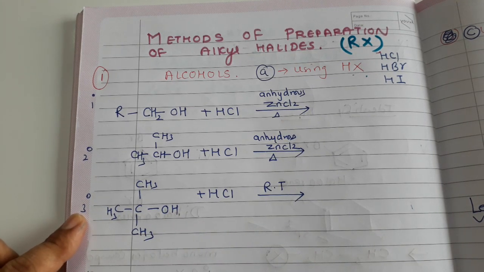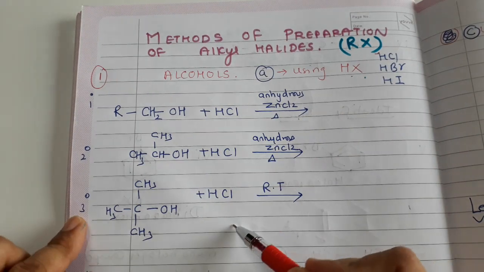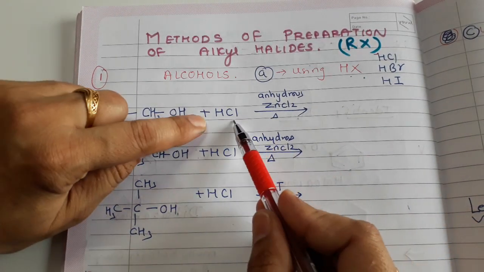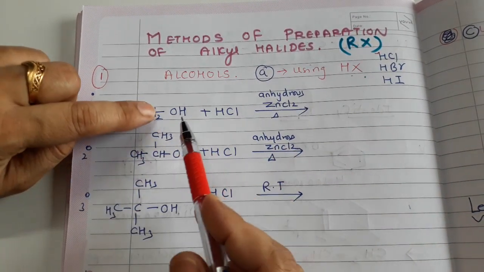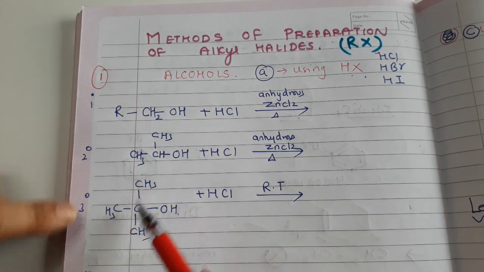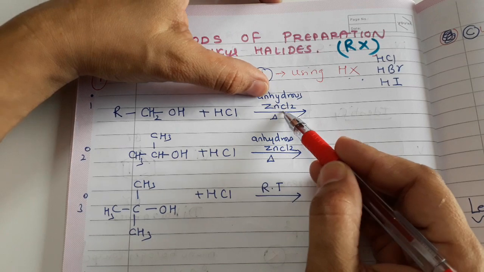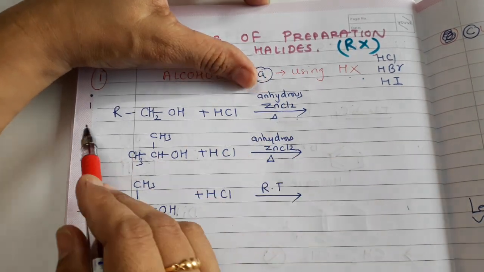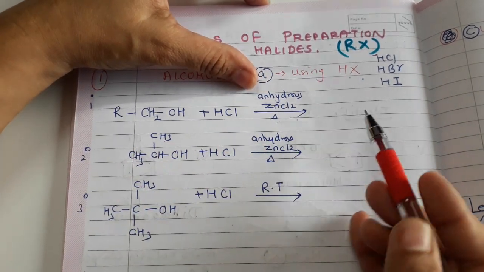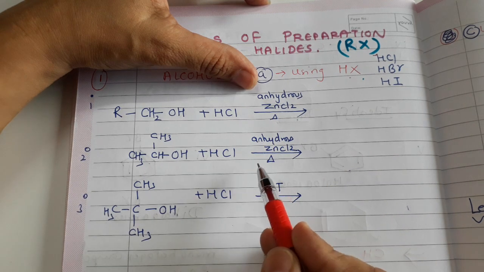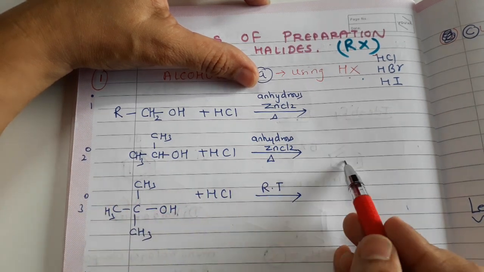If you notice all these three reactions, there is addition of HCl to the primary, secondary and tertiary alcohol. But look at the conditions. Anhydrous zinc chloride on heating with primary alcohol will give you the product. Anhydrous zinc chloride on heating with secondary alcohol will give you the product.